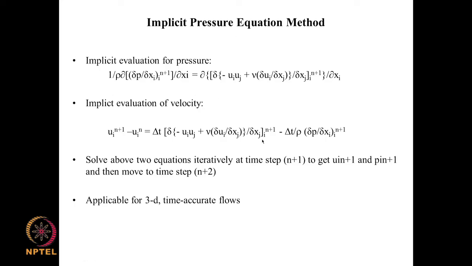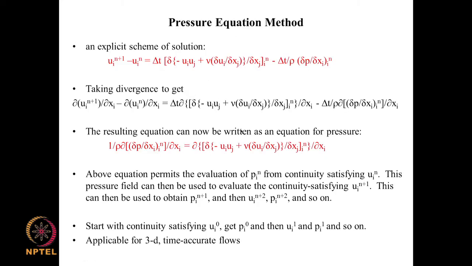This implicit method is differentiated from the explicit method that we have here, in which, starting from u i 0, we put that here and get p i 0, and we evaluate all p i 0s over all ijk's. Then we immediately go on to this and solve for all u i 1s, u ijk at the first time step, and then we come back here and solve in one go the pressure at all ijk's.